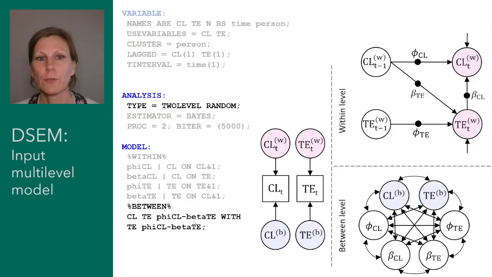And I say that now I have 6 variables here, or random effects, and that all of them are correlated with TE and then again phi CL up to beta TE. So this ensures that we get all these two-headed arrows between every possible pair of the latent variables at the between level. So all of them can be correlated. This picture becomes a bit messy, but that is really one way at least to represent this particular model.